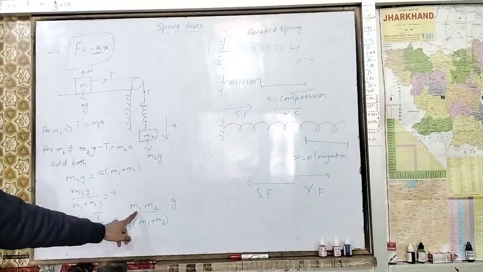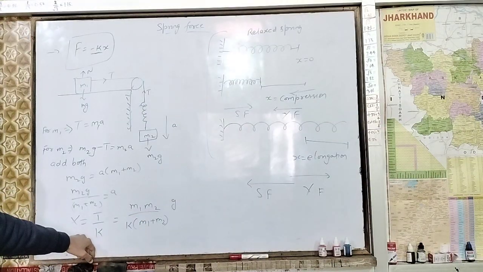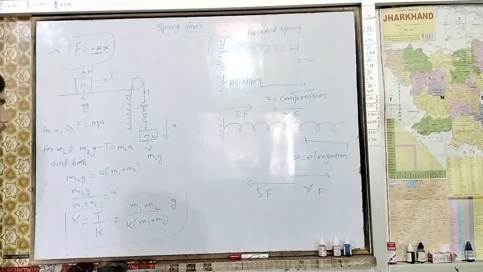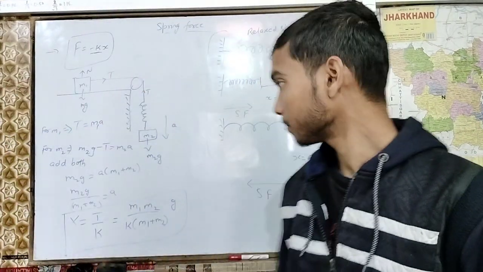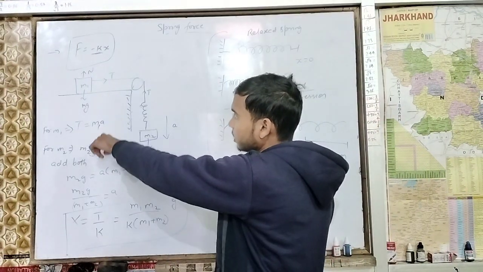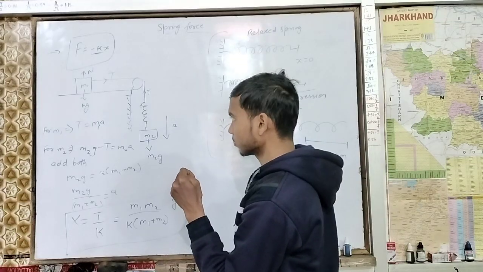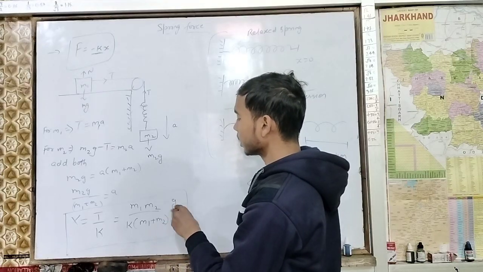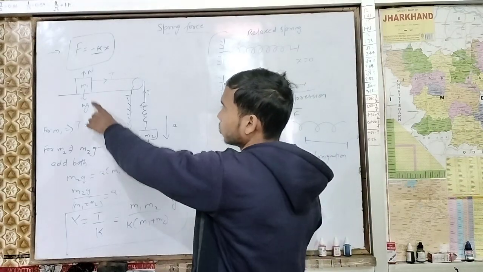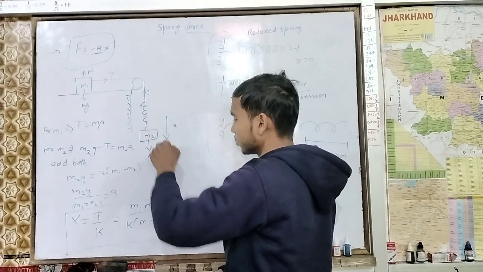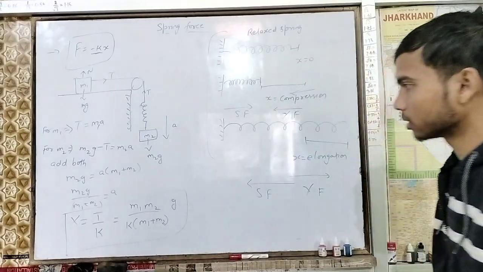We have two objects M1 and M2, and we found the displacement by using this formula: x is equal to T upon k, which is M1M2g upon k(M1 plus M2), the value of x.